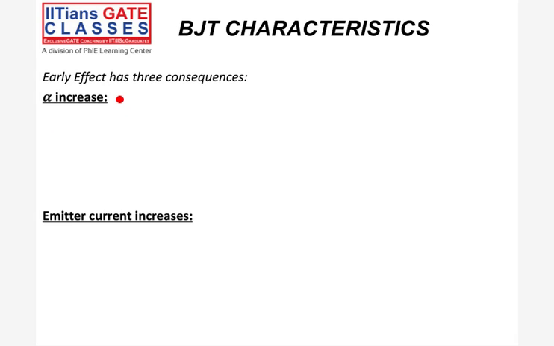Suppose I have increased VCB. This voltage I increased. So effective base width, what will it do? I can say WB, base width. It is not the depletion region width, it is base width. This base width will get reduced. That is effective base width, I can write E here. It reduces. So when this reduces, what will happen?